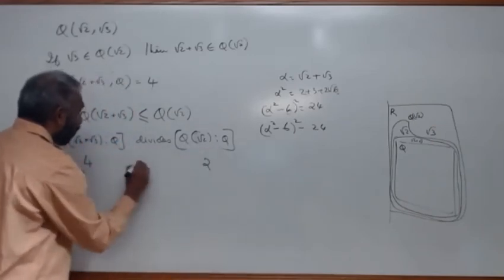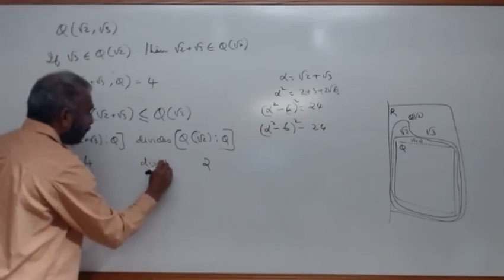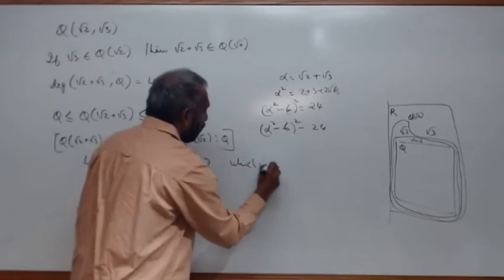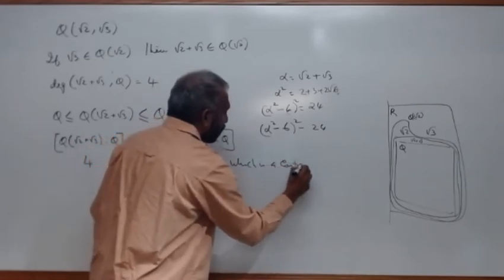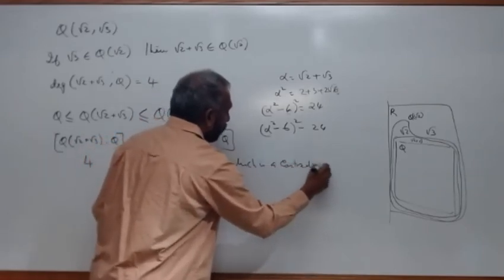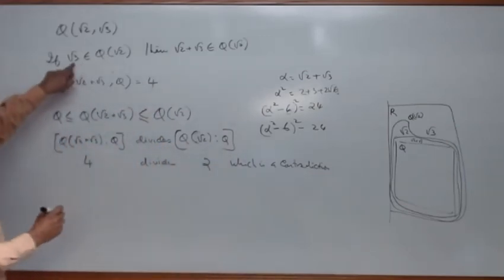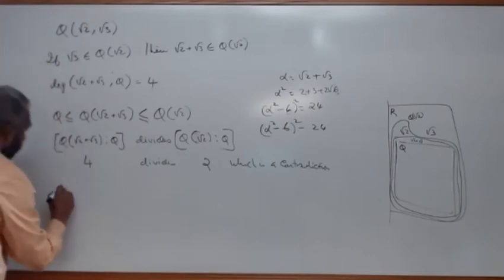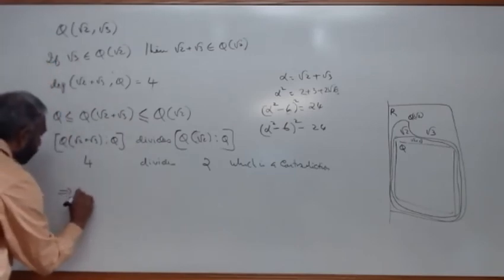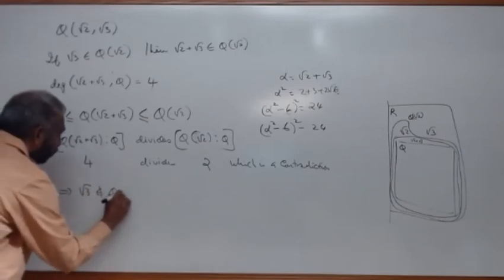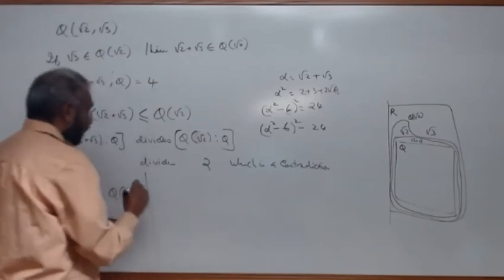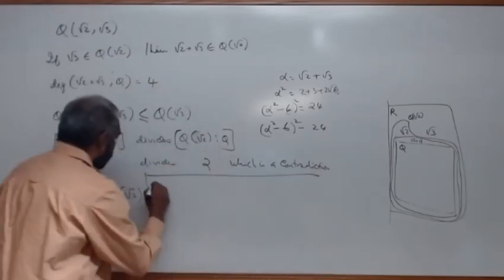So 4 divides 2, which is a contradiction. That is because we are assuming that root 3 belongs to this. So that implies root 3 does not belong to Q(root 2). Then now we have the solution.